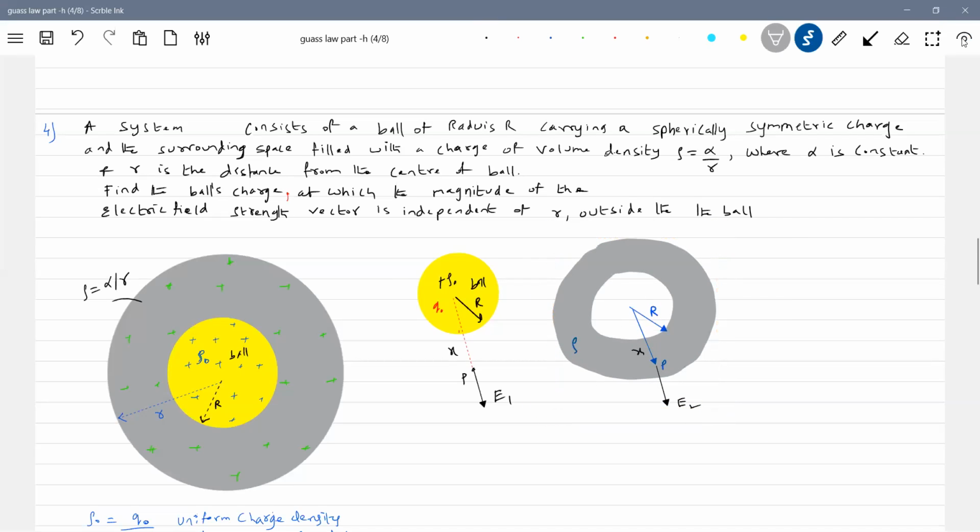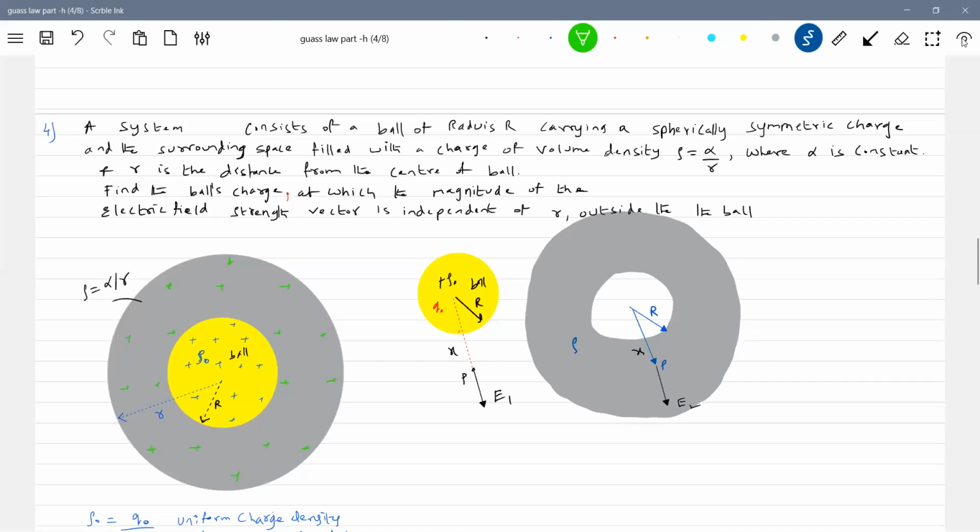Not only this, even I can extend till infinity. Able to get this? So till infinity it is. The external boundary will be till infinity.